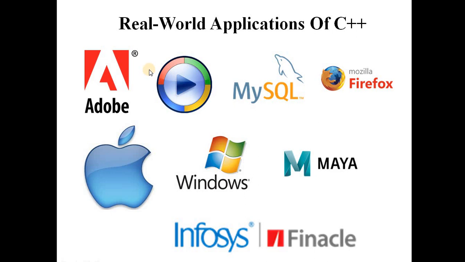C++ can be used to develop most of the GUI based and desktop applications. Most of the applications of Adobe Systems like Photoshop are developed using C++. Also Winamp, which is a media player, is also developed using C++. The second application of C++ is database software.